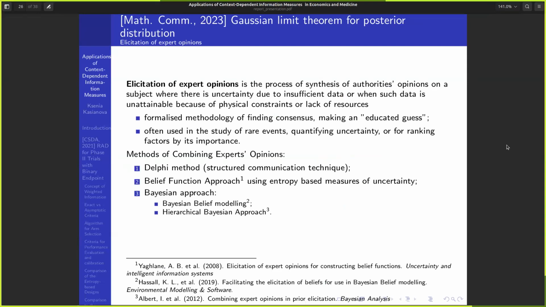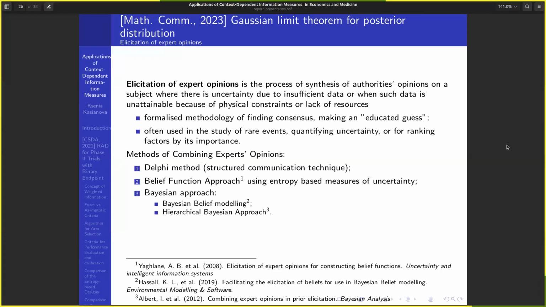Finally, I will quickly recap what we have done regarding the problem of conflict expert opinions. I will start with the idea of elicitation of expert opinions, which is the process of synthesis of any authority's opinions. And there are different methods for combining the expert opinions, which is either the non-mathematical Delphi method or Bayesian or belief function approaches.